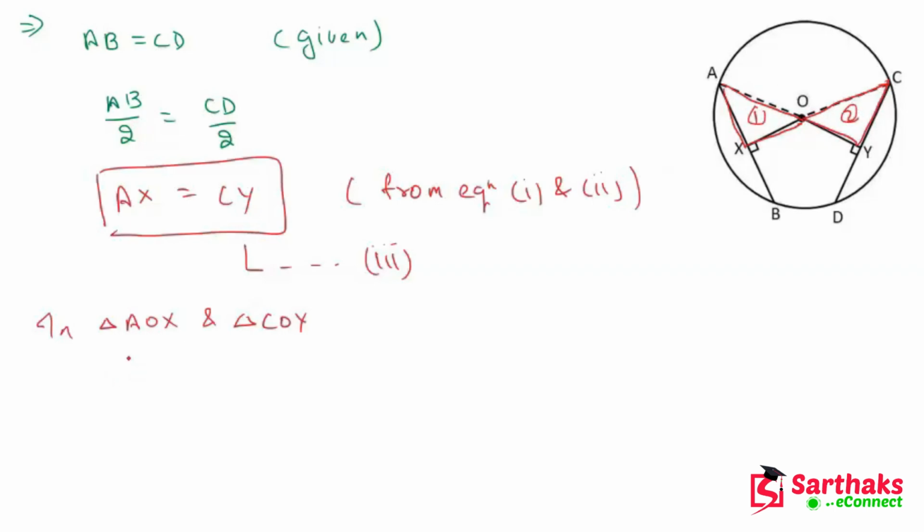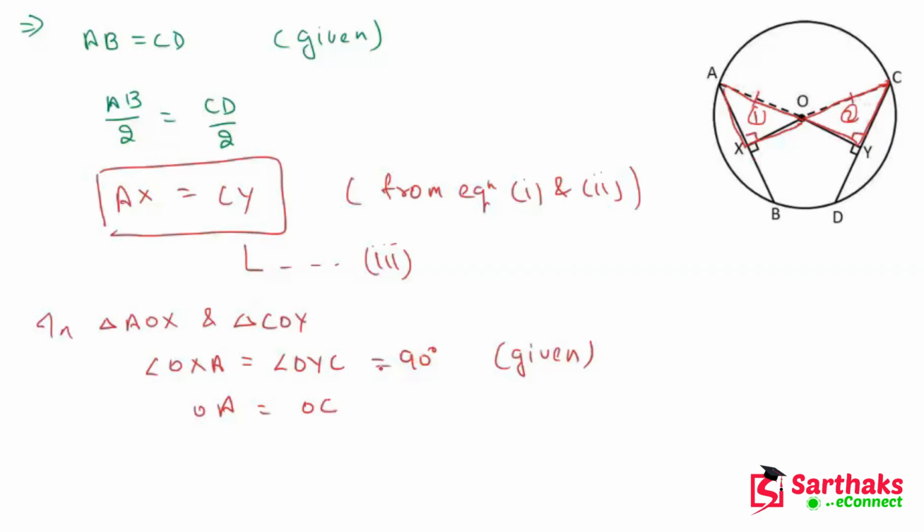In these triangles, angle OXA is equal to angle OYC, because these two angles are 90 degrees. This is given.